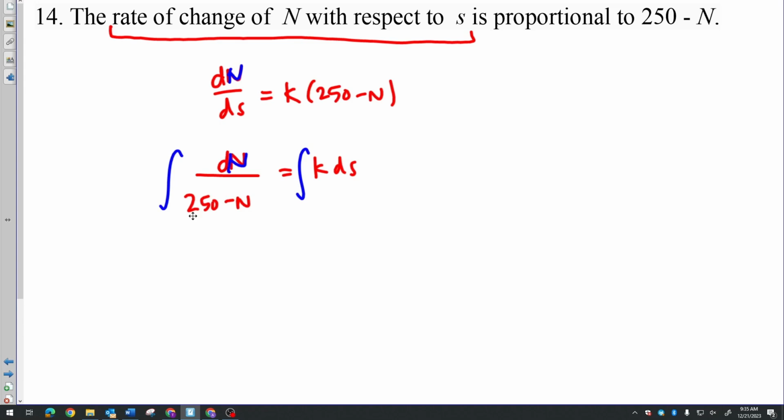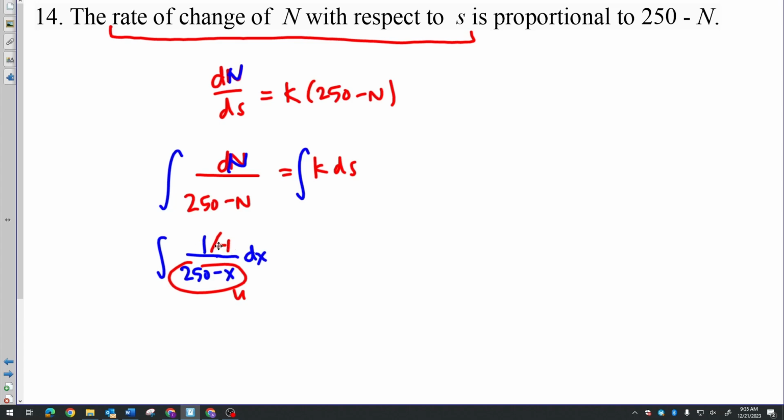Now this expression over here is really this expression, so let me rewrite it to make sure. I'm going to put it in x form, so that we understand what's going on. This is the same expression. I mean, the dn is a numerator, I can bounce it out. So how do you integrate this expression right here? Remember, this is a u, okay? The derivative of 250 minus x is -1. I divide the top by -1.